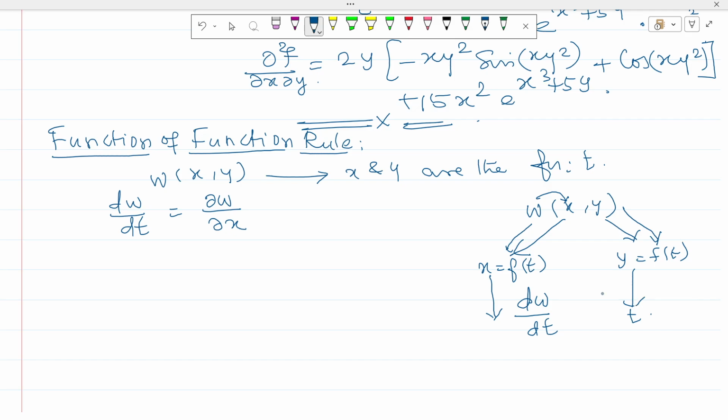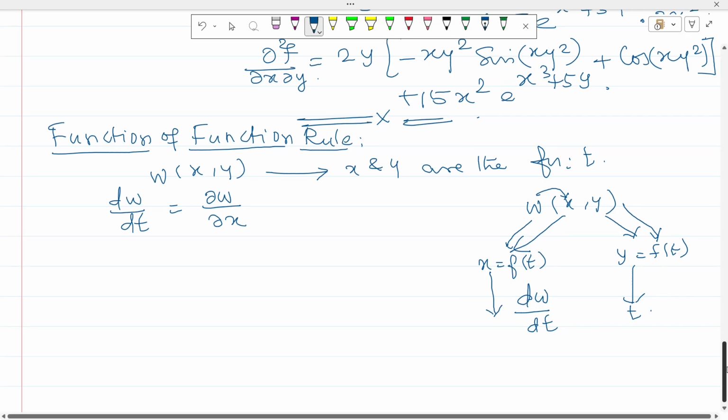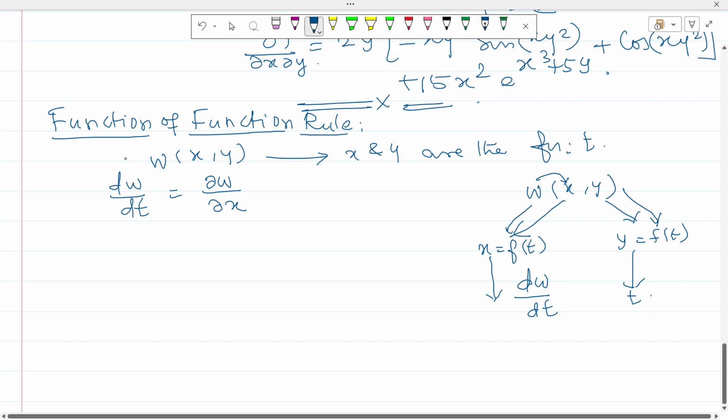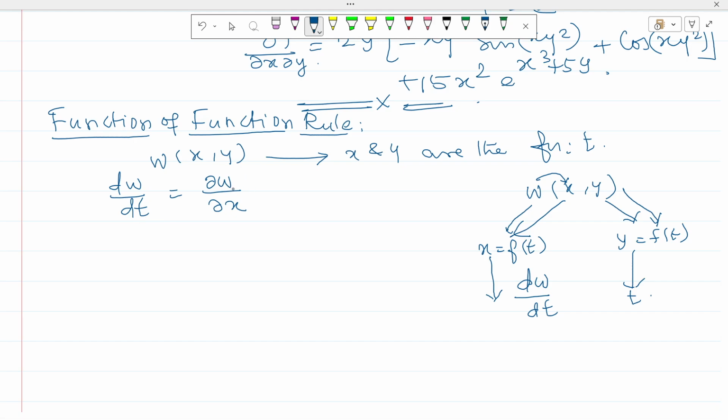It is known as the function of function rule. Then in case if you want to find dw by dt, you will get del w by del x into dx by dt plus del w by del y into dy by dt.